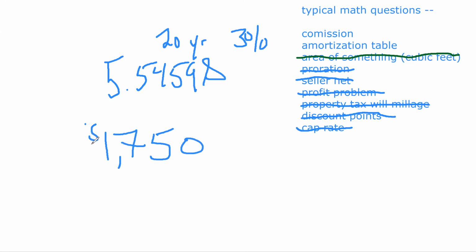So I come to you, you're my real estate agent, and I want you to answer this, not my loan officer. I say, hey, I could only afford $1,750 a month. What's the most I could afford in regards to a home?